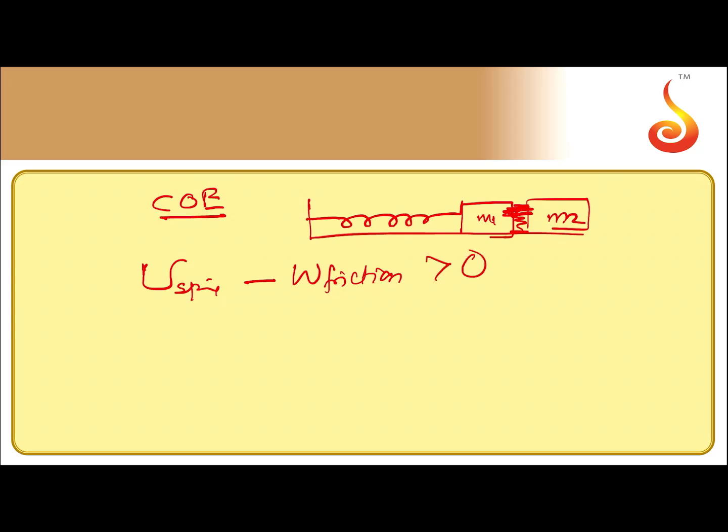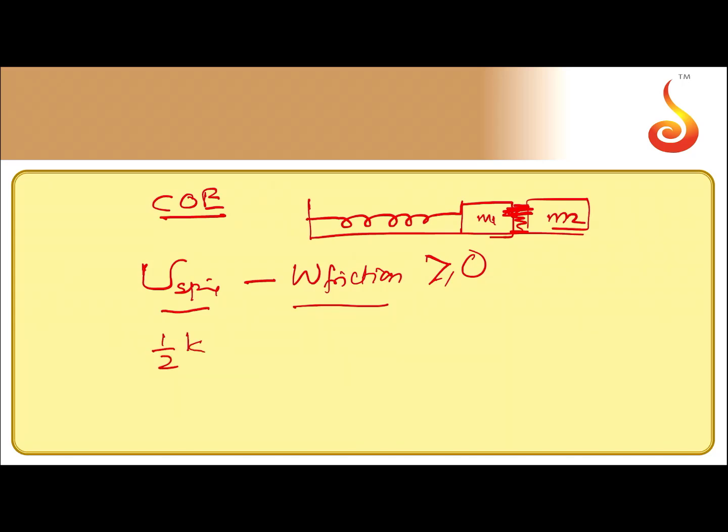If this is satisfied, then the block m2 will be traveling faster. They should be equal to or greater than 0, I should say, but in the critical condition, I can say greater than 0. So if m2 should travel faster, or at least with equal velocity, then spring potential energy minus work done by the friction should be greater than 0.